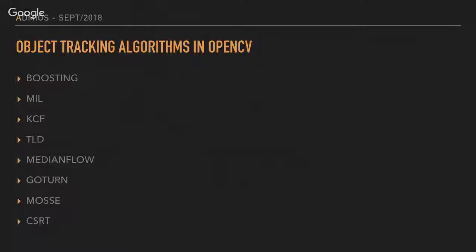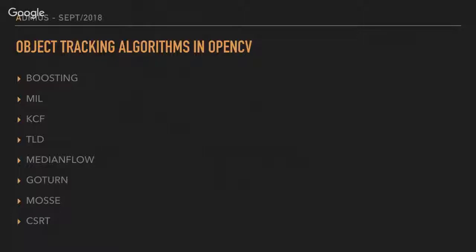The first one, boosting, is the one that nobody recommends. It's 10 years old and nobody works with that. The next three, MIL, KCF, and TLD, are more modern and have better performance. Median Flow is very good at detecting, but it's a little bit slower and it fails a lot.